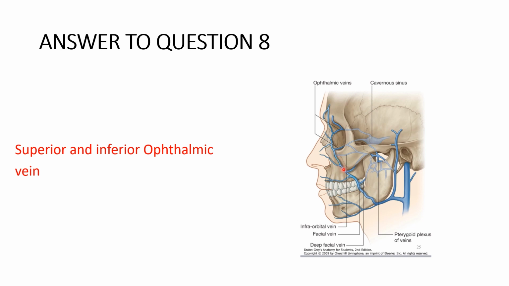This is the anterior facial vein, all the way down. Now you can see the direct connection. This is the cavernous sinus. You can see a direct connection from this vessel directly into the cavernous sinus, and also this vessel going directly into the cavernous sinus. These are the ophthalmic veins where my cursor is: the superior ophthalmic vein and the inferior ophthalmic vein. So the anterior facial vein is connected to the cavernous sinus directly by the ophthalmic veins.